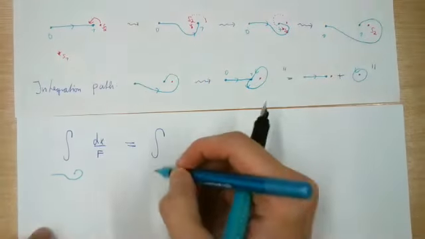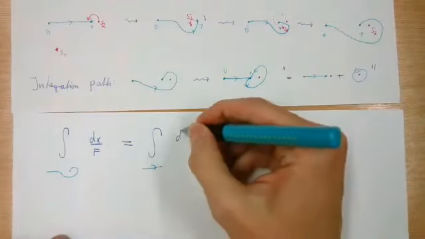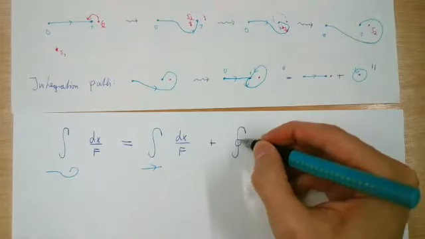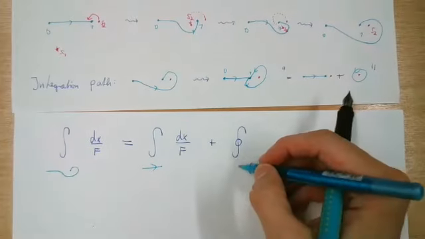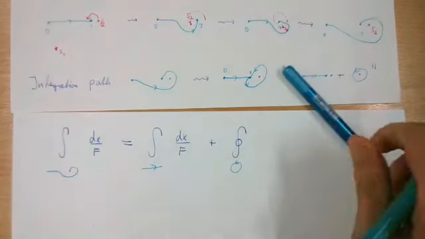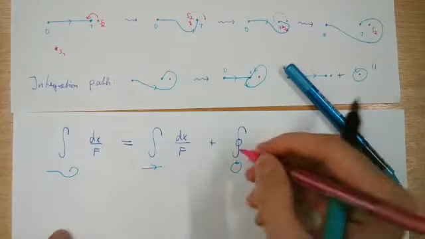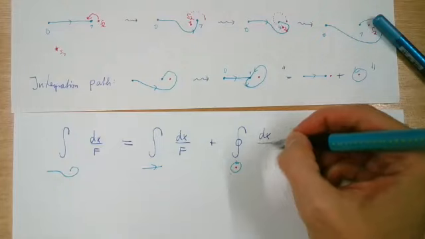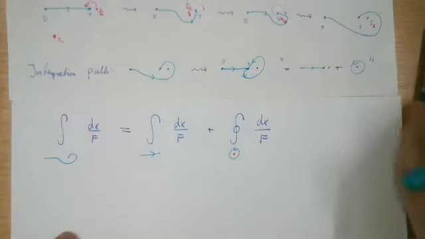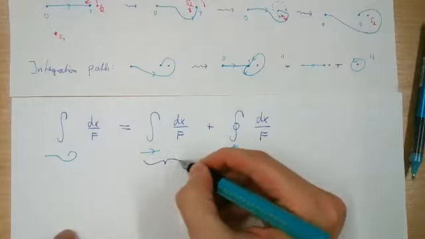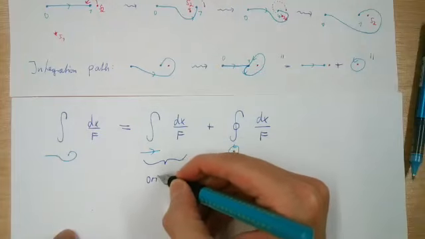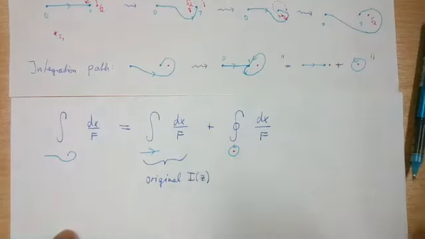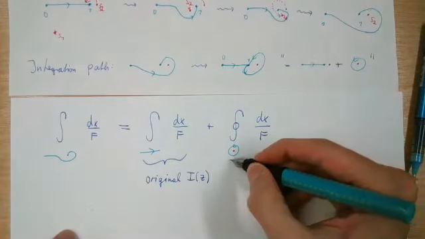So you can write it as the integral over the straight path plus the integral, which is now an integral over a closed curve, this. Now this, of course, is just the original integral. And this here is an extra term.